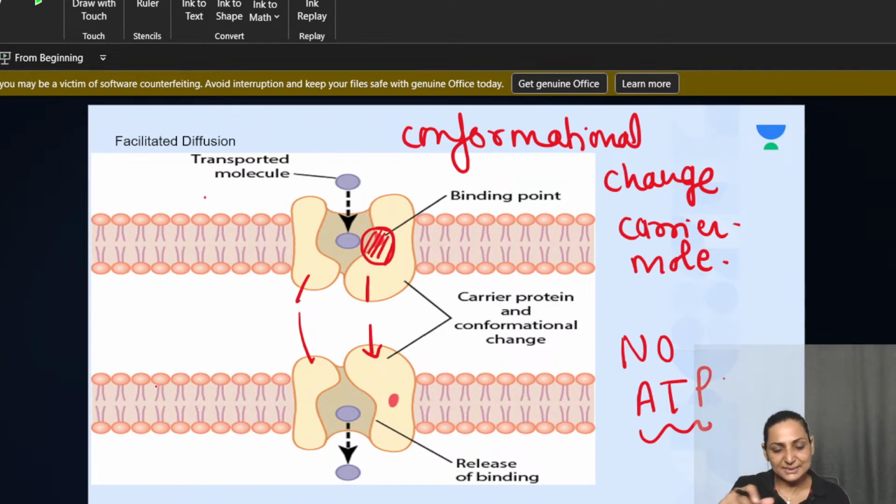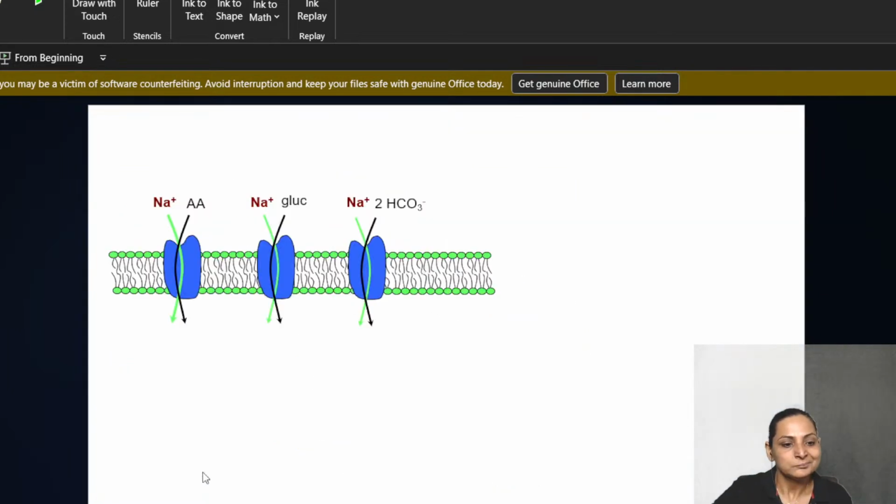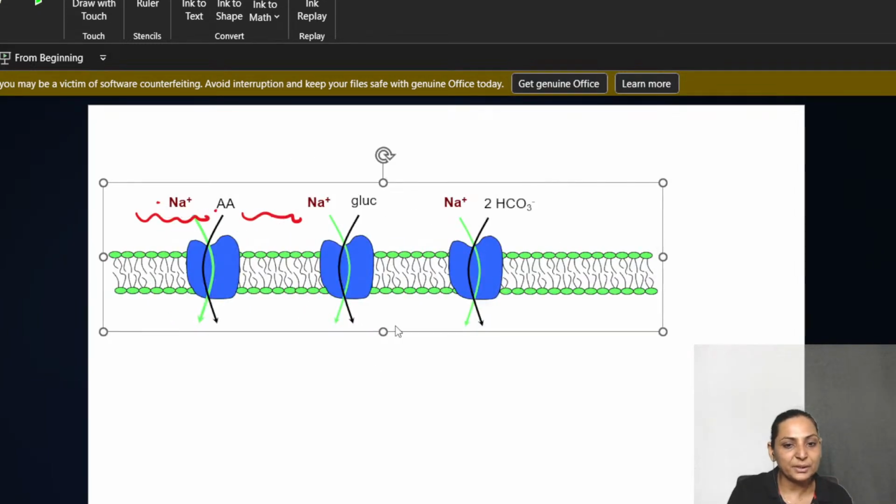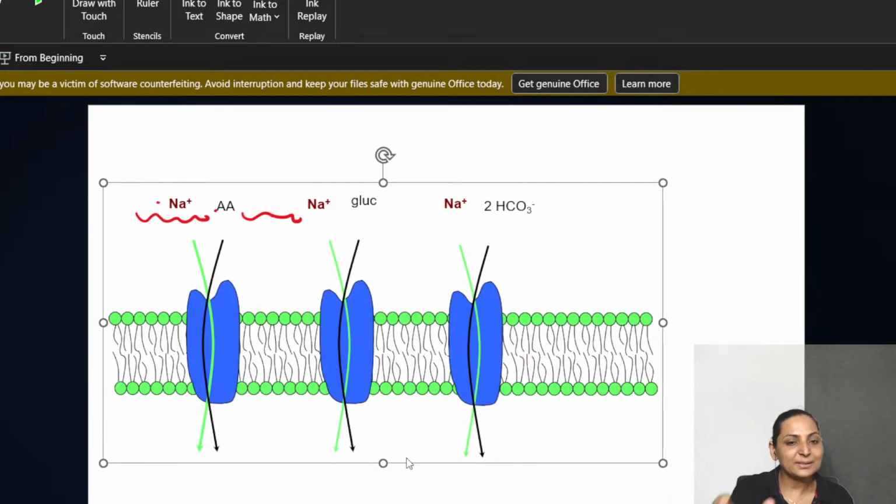Don't confuse this with secondary active transport, because secondary active transport, whether it is co-transport or counter transport, will always have two molecules. See over here, two molecules will be there, sodium amino acid, sodium glucose, and so on. So it will always have two molecules which are either transported to the same side, or one moving in and one going out.